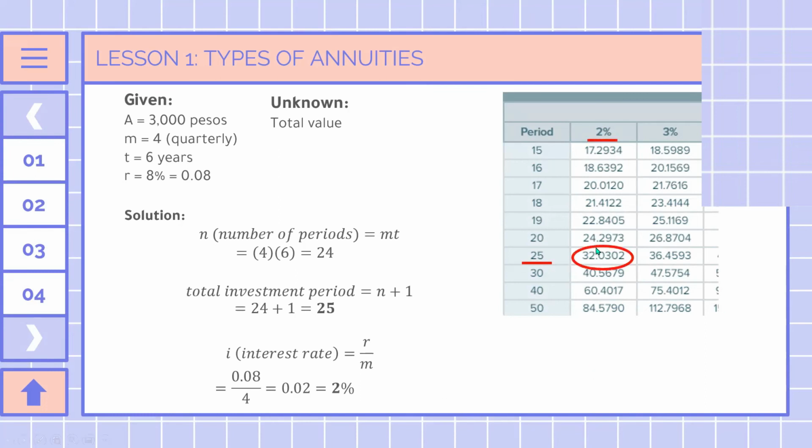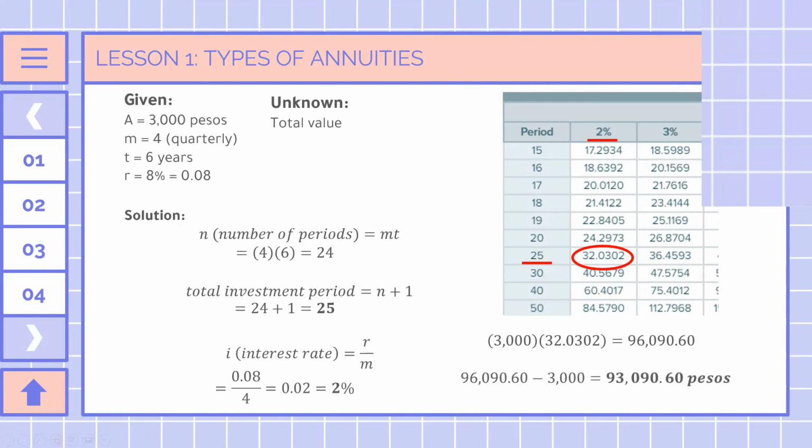It is indicated and encircled that the value is 32.0302. Then we will use this value to multiply it to A, which is 3,000 pesos, and we will yield 96,090.60.